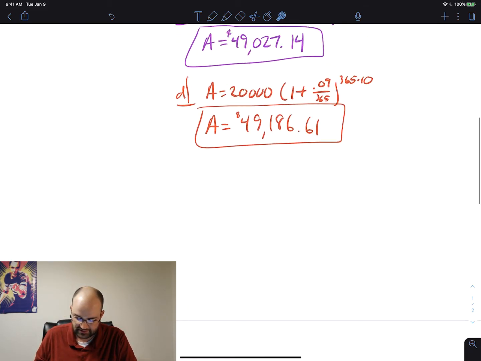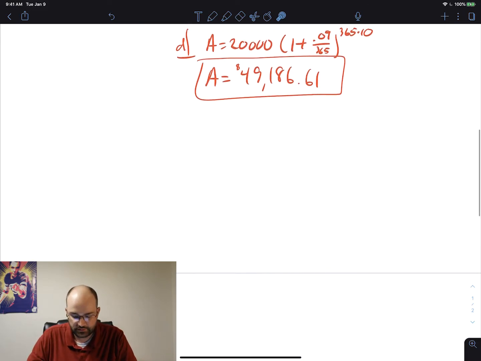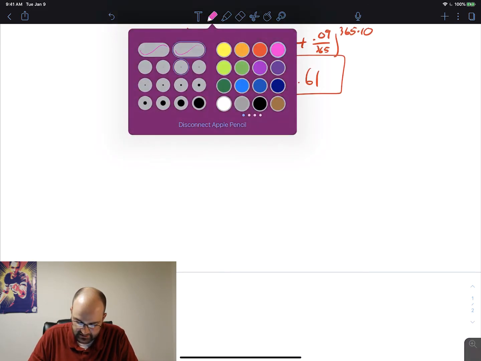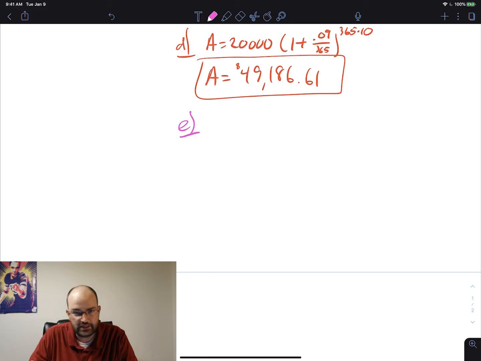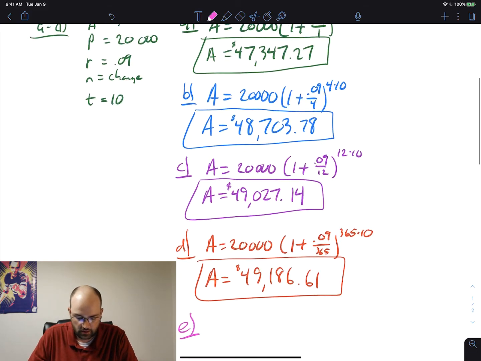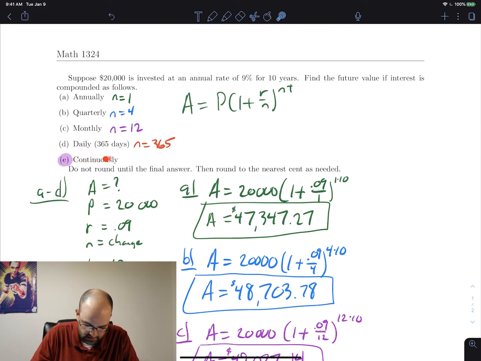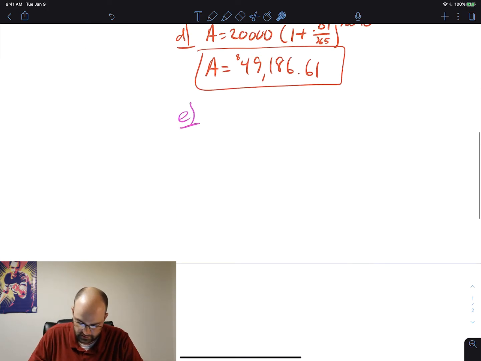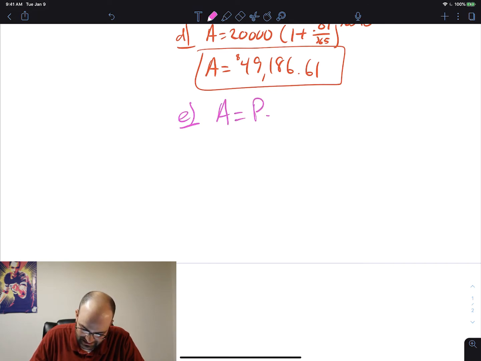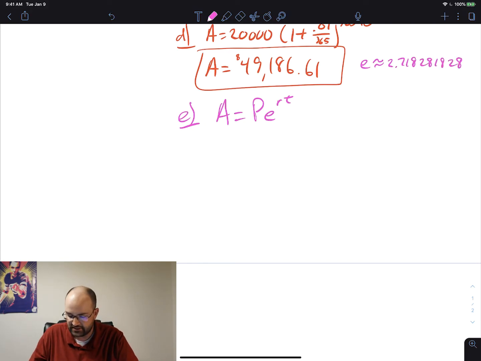So what's important to see is that there's actually going to be a limit here, and that limit is going to occur because for E, it compounds continuously. That word continuously is very important. So the formula here is going to be A equals P E to the RT. Now that E is approximately 2.718281828. Now it just keeps going forever and ever.